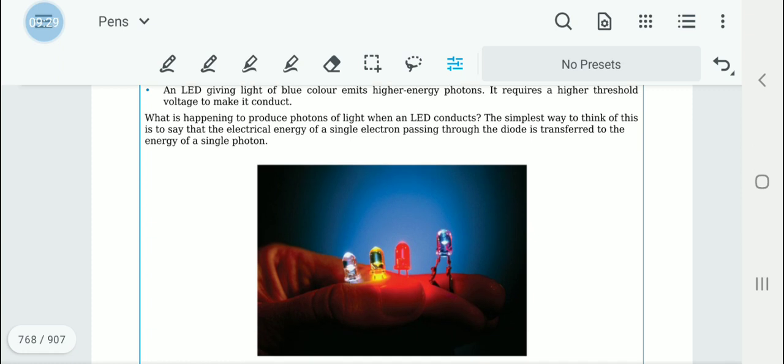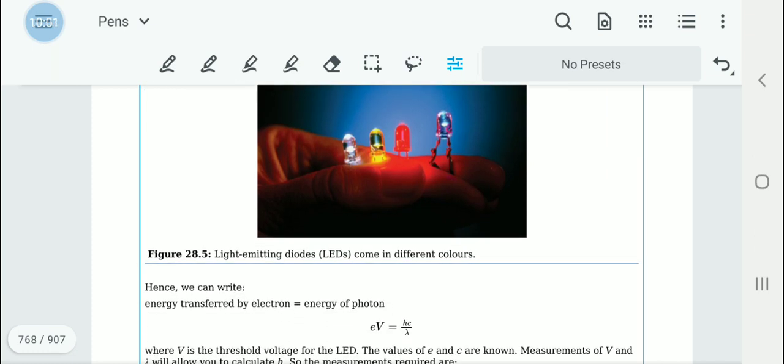Now when we conduct current through these LEDs, what is going to produce these photons? The easiest way to understand is that one single electron passing through the diode would be transferred to a single photon.